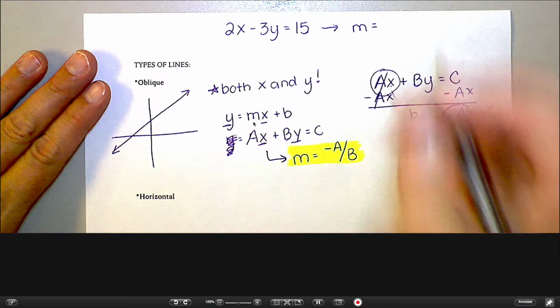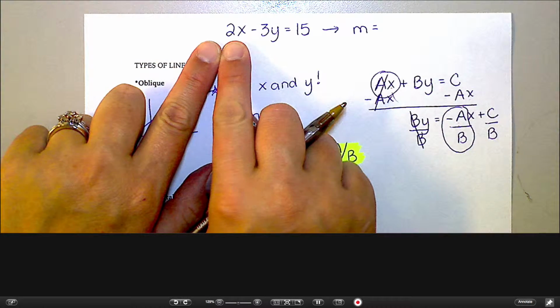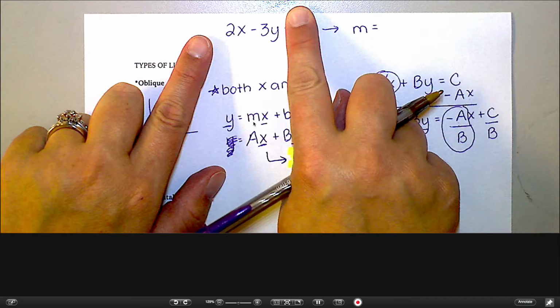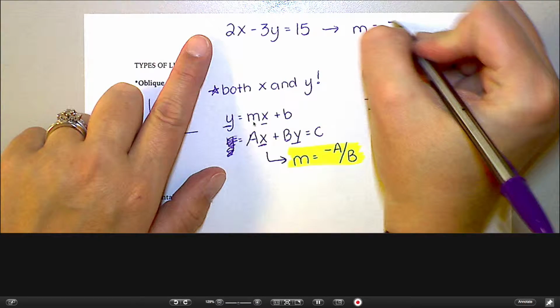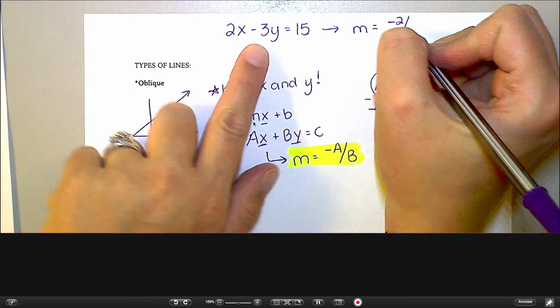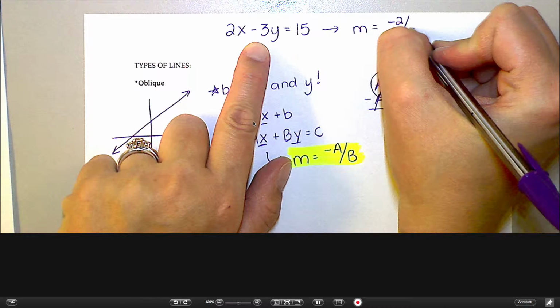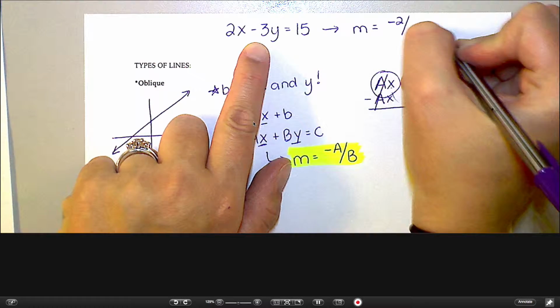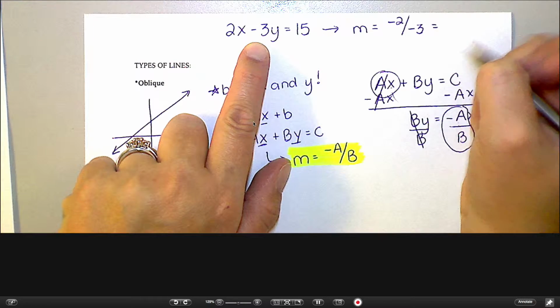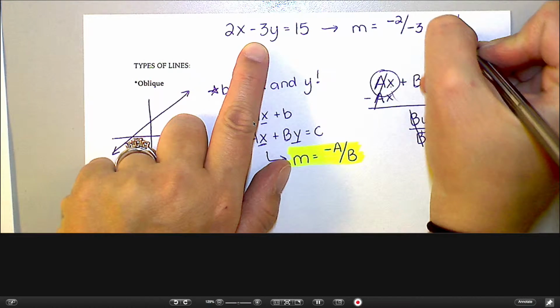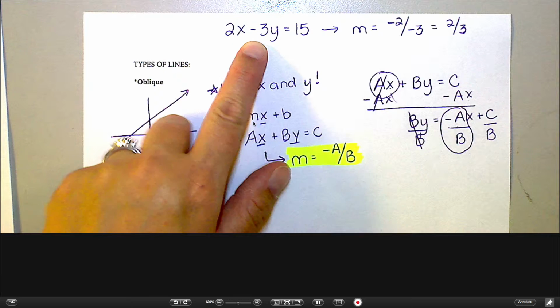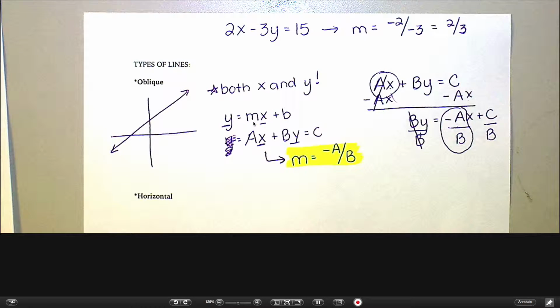Okay, so it would end up being negative a, right? Because this 2x would move to the other side and become negative. So it would be negative 2 over negative 3. But then what happens when I have two negatives? Cancels, right? So it ends up just being 2/3. That's your slope. You see how that works?